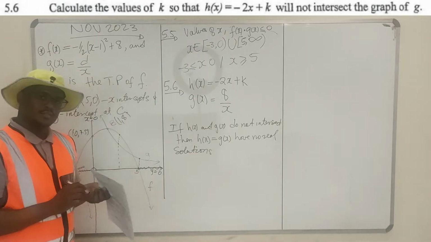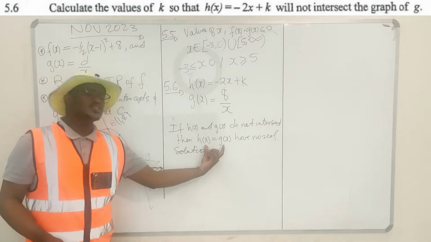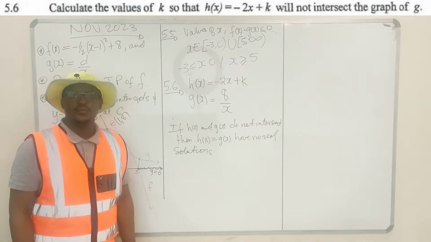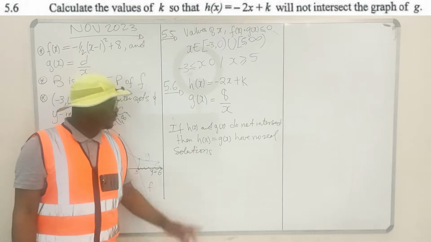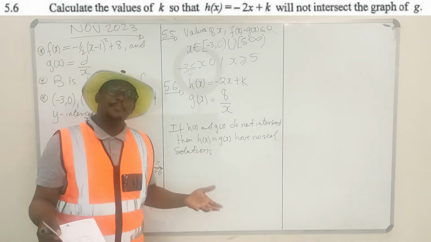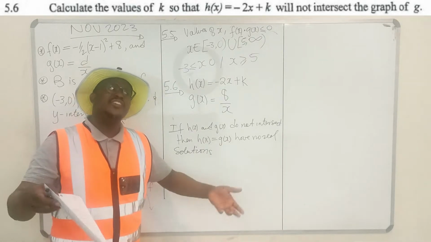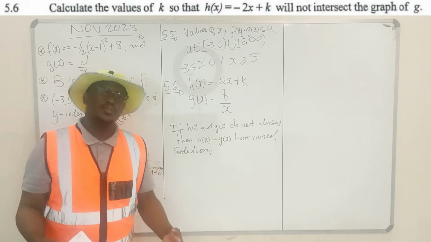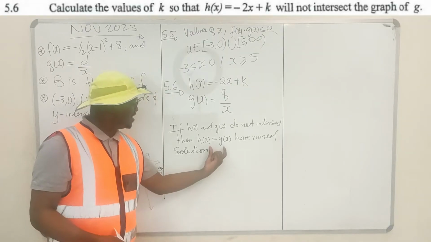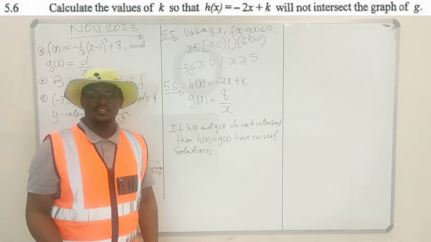This is what this means. It means that if you equate these two equations, you won't have a real solution because they don't intersect. Having real solutions would mean that they intersect, but these should have no solutions.